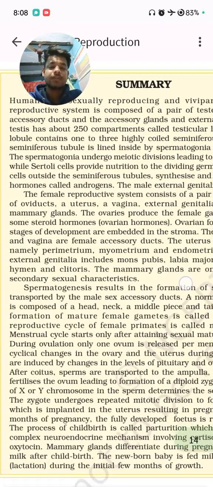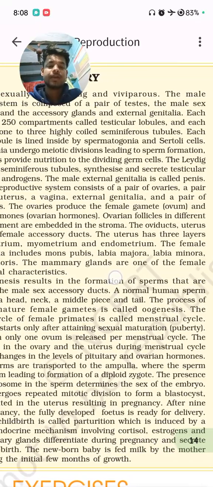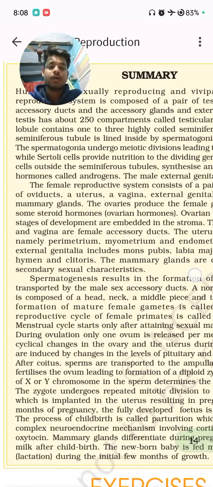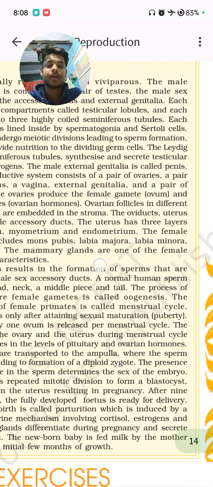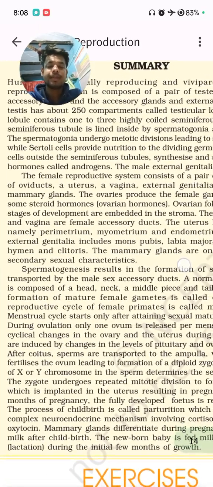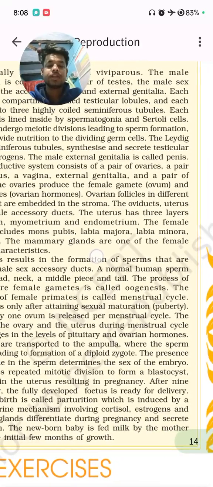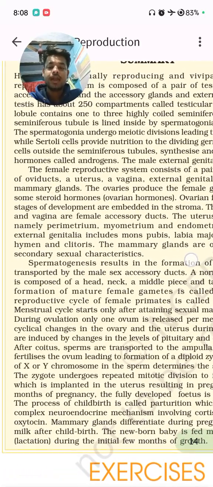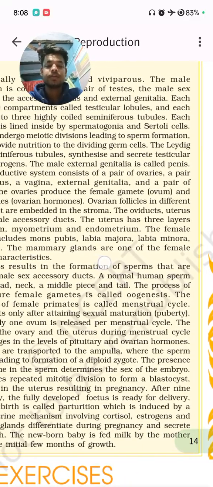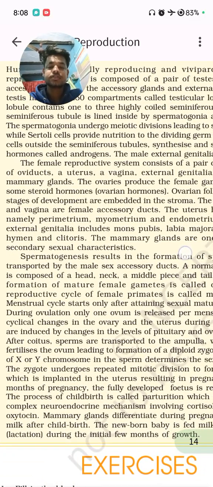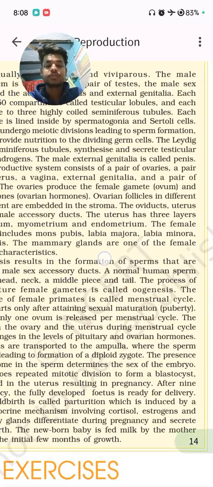The female reproductive system consists of a pair of ovaries, a pair of oviducts, a uterus, a vagina, external genitalia, and a pair of mammary glands. The ovary produces the female gamete, the ovum, and some steroid hormones. Ovarian follicles in different stages of development are embedded in the stroma.